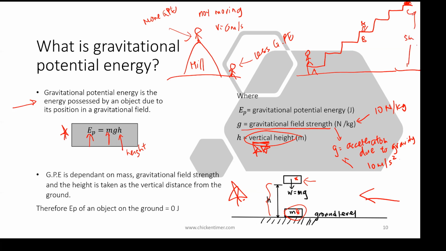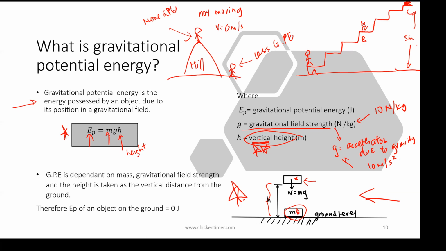Who has the highest amount of gravitational potential energy? Position C. Who has the lowest? The guy at A.